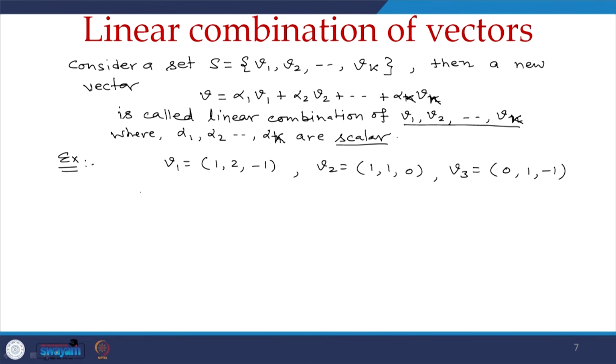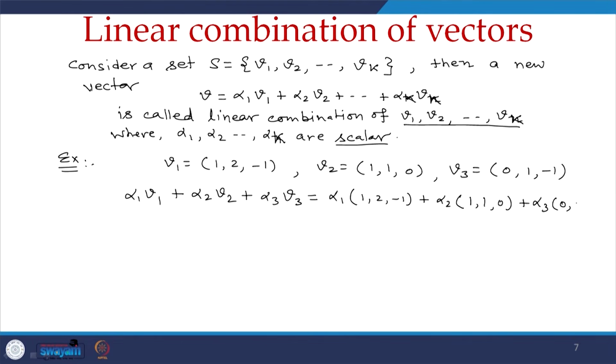Then I will be having linear combination as alpha1 v1 plus alpha2 v2 plus alpha3 v3.